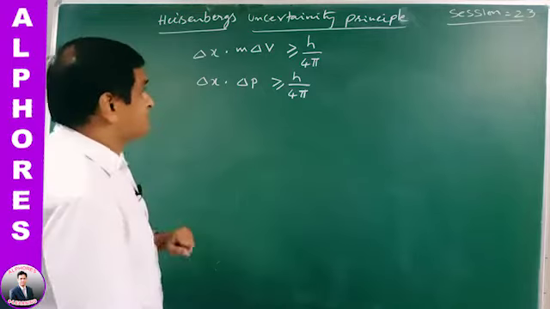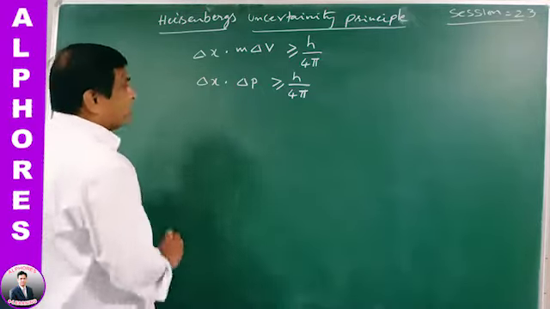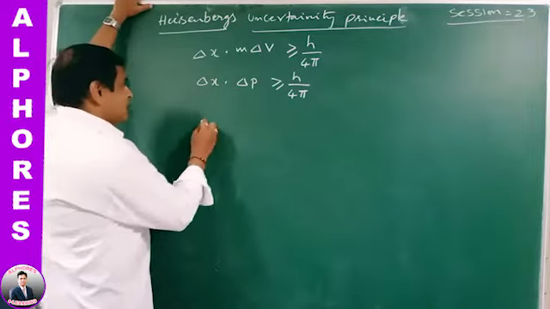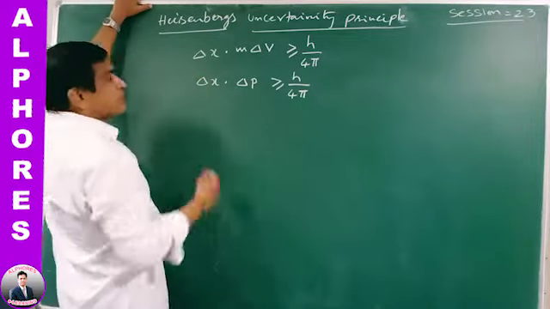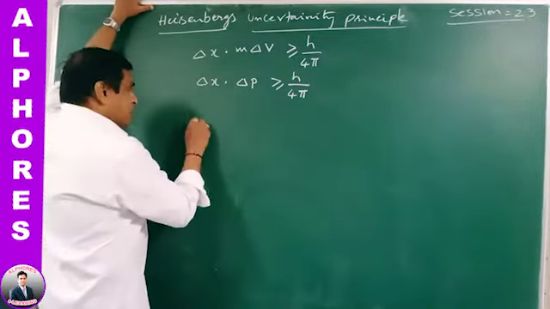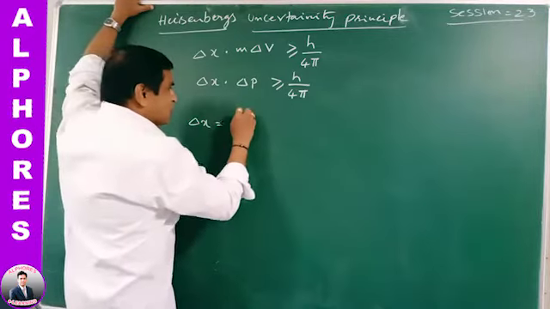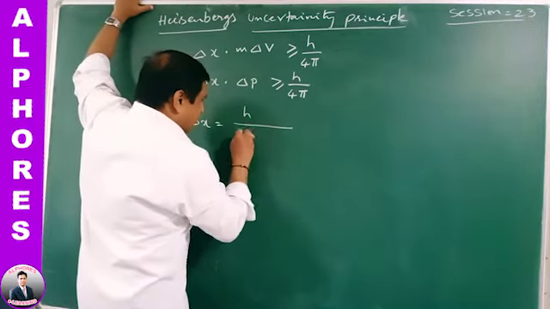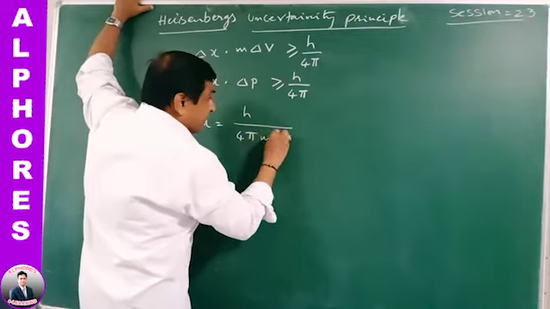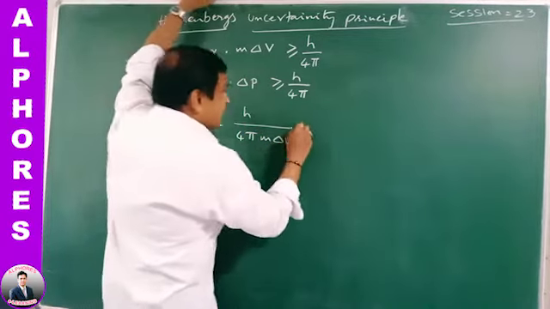Like this we understood, and we also concluded with the verification of Heisenberg's principle: delta x is equal to h by 4 pi m delta v.